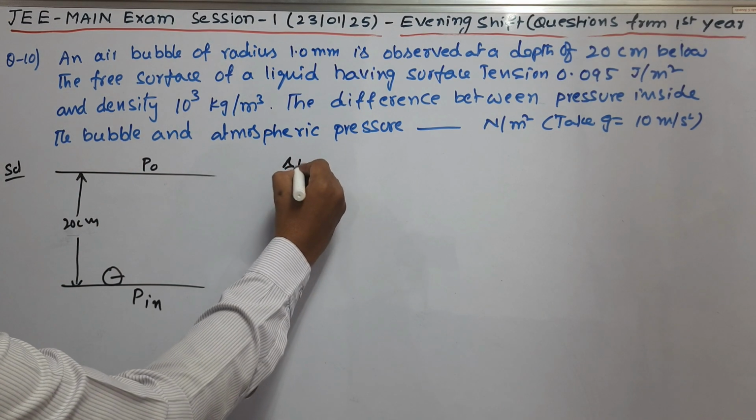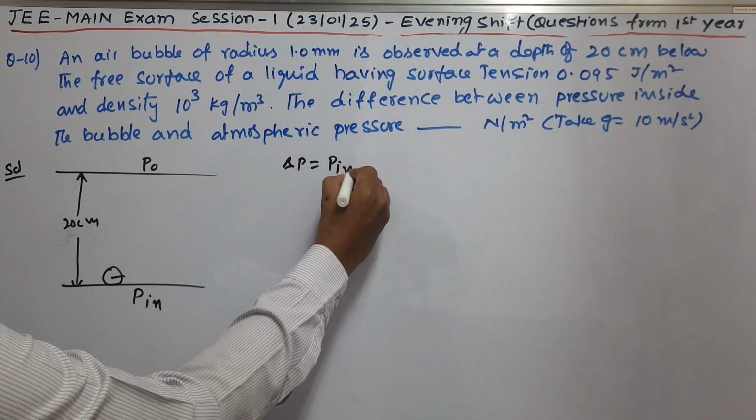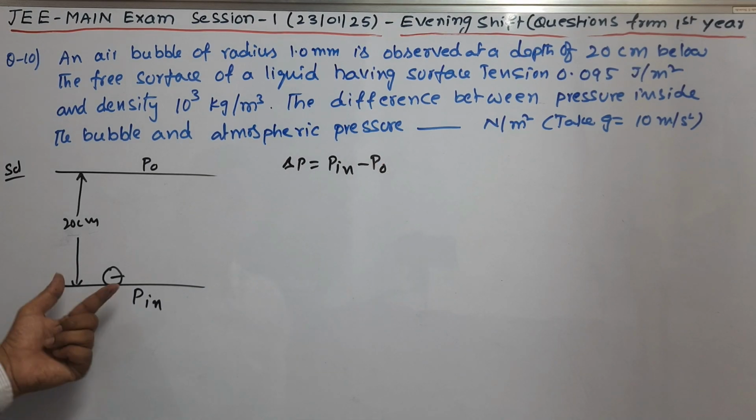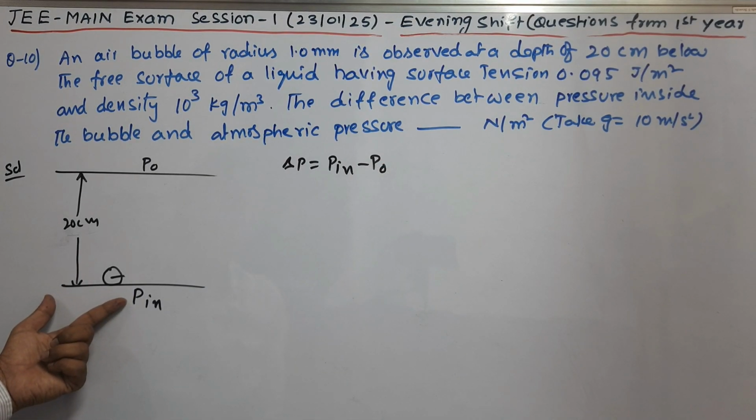That means delta P is equal to P in minus P out, because at the depth there is a maximum pressure.